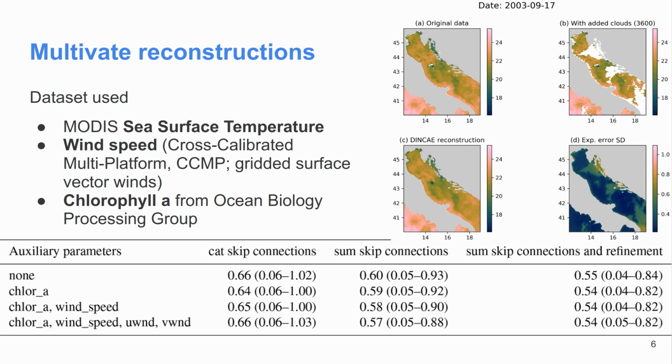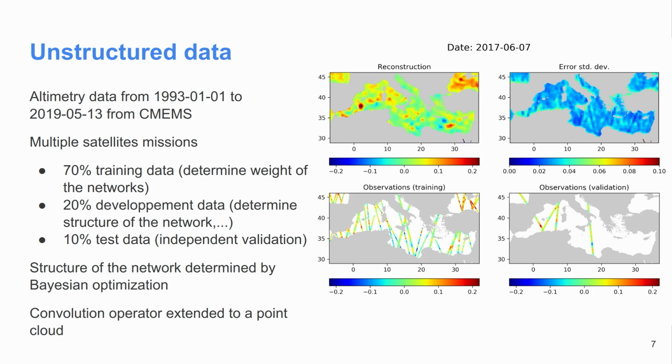And we were able to show that it actually helps to include these additional parameters in order to make a reconstruction of data. And also we extended this technique to not using structured satellite data. So typically sea surface temperature will essentially be images, so arrays where you have just missing data. But there are some satellite data that just give you a point cloud.